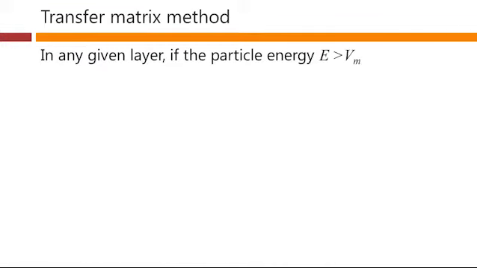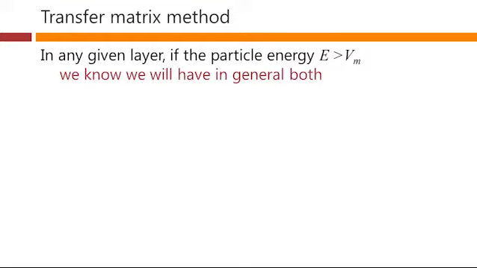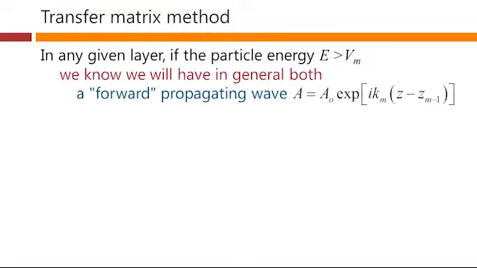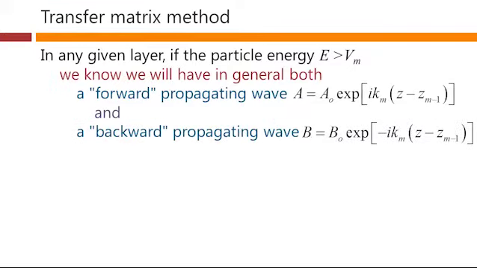Now, in any given layer, if the particle energy E is greater than the potential energy in that layer, we know that we will have, in general, both a forward propagating wave in this kind of form and a backward propagating wave in this kind of form.